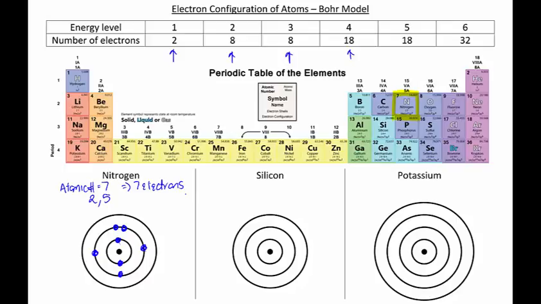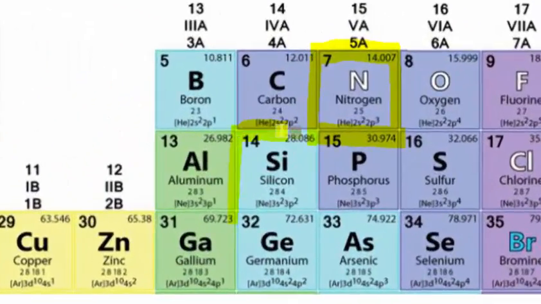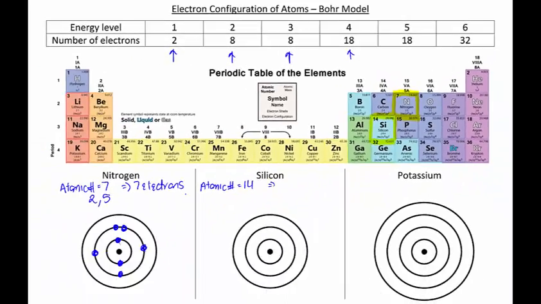Okay, now let's look at silicon. Silicon is over here. The atomic number of silicon equals 14. So we have 14 protons and 14 electrons to place. We can have 2 in the first energy level. The second one can have 8. So that's 10. So we've got 4 left to place.